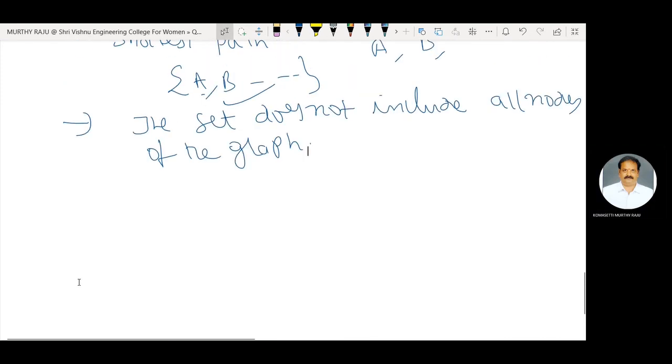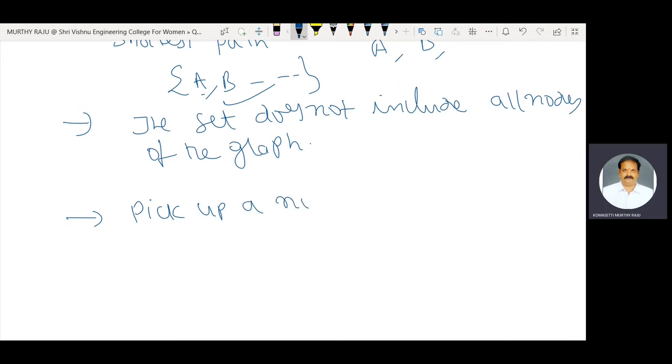Okay. The next important point here is, suppose we pick a node from the graph.